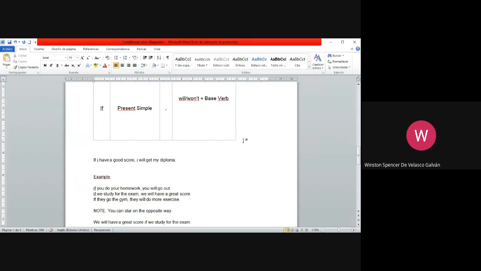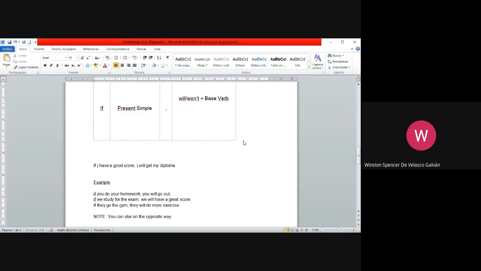So I'm going to use the same structure with a different color so I can explain it to you. If, yes, simple present. Remember, the structure is going to be a subject or a pronoun plus a verb in present, plus a complement. Yep.